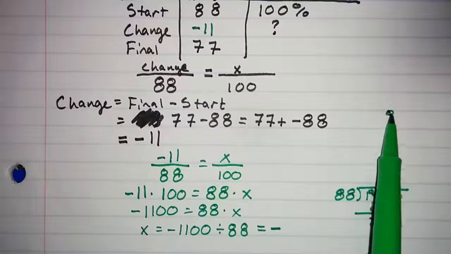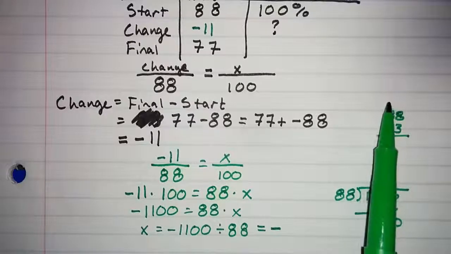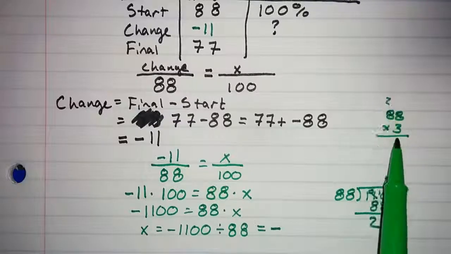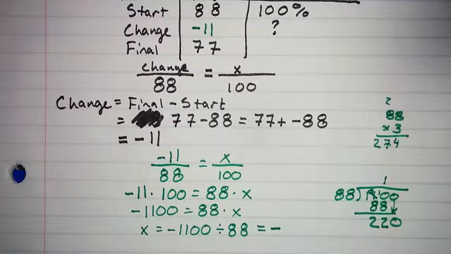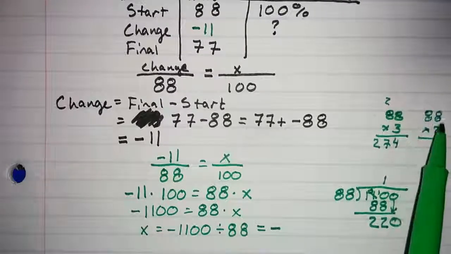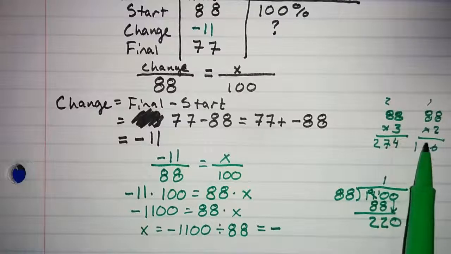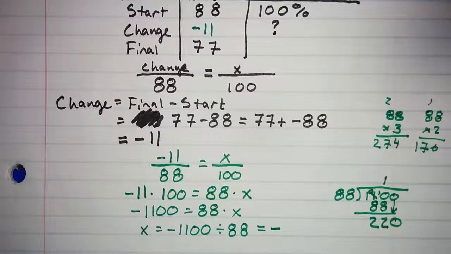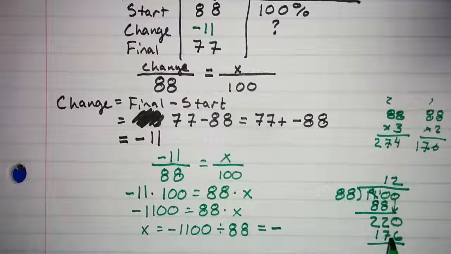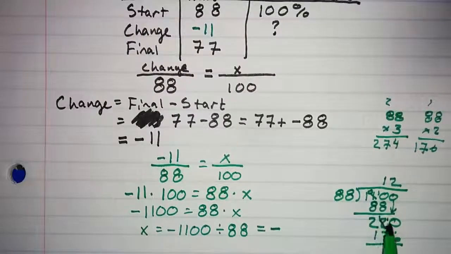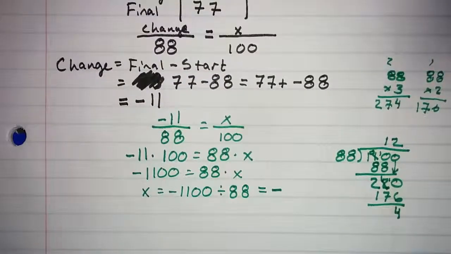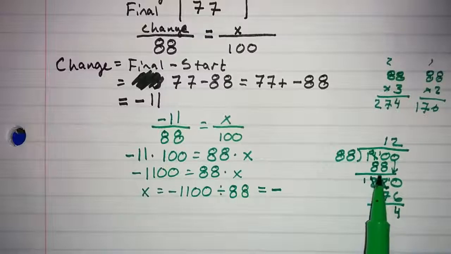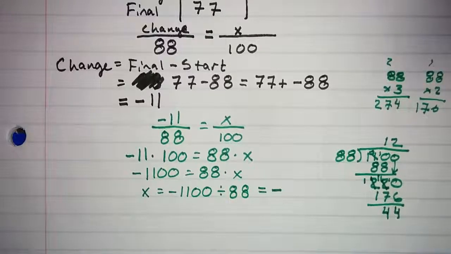Let's try 3. 3 times 8 is 24, 24, 27. Okay, 3 was too much. Let's try 2. It's got to be 2 because 3 was too much. 220 minus 176. 10 minus 6 is 4. Borrow again. 11 minus 7 is 4.